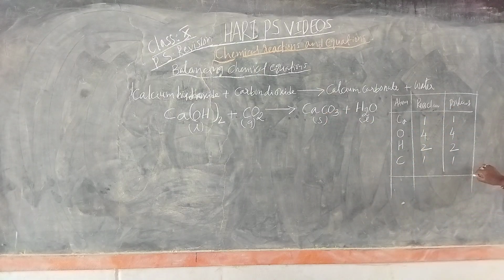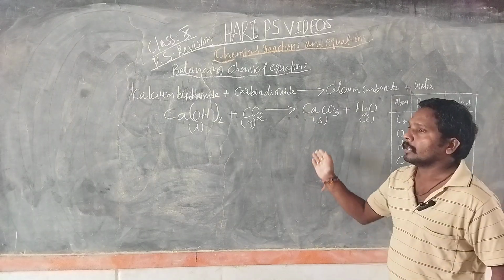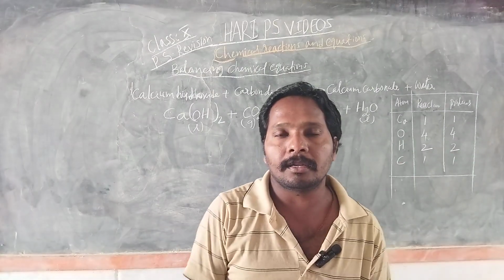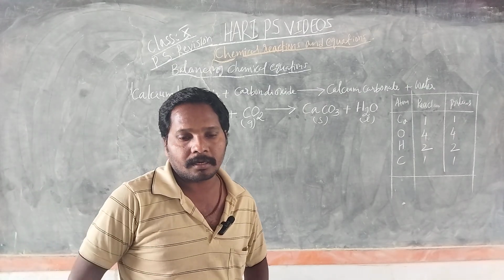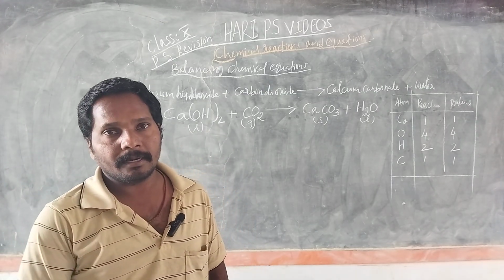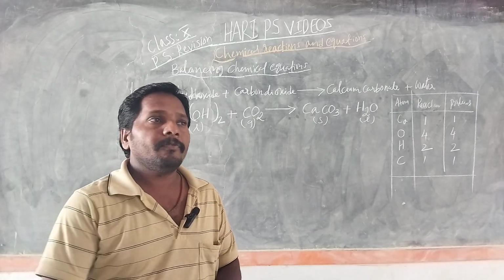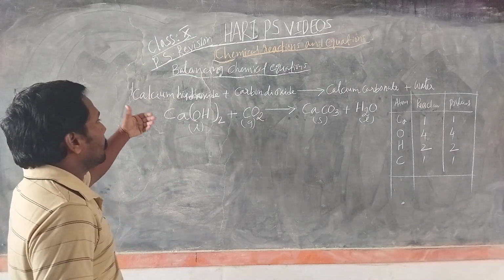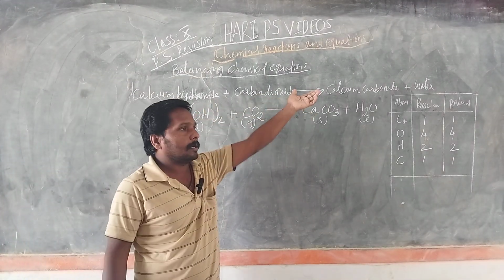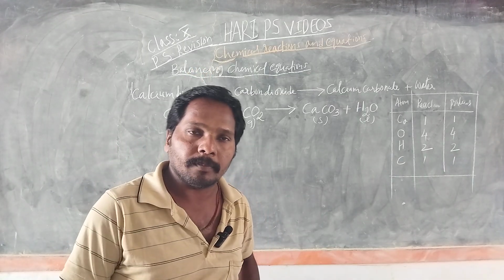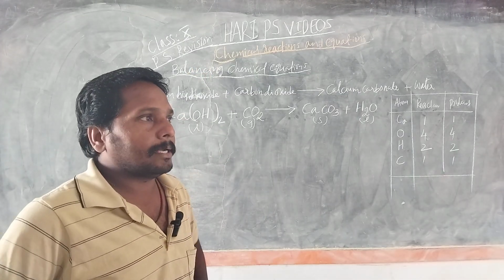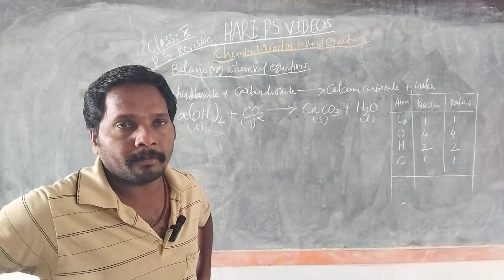So this is already a balanced chemical equation because there are equal numbers of atoms on the reactant side and product side. If it is possible, multiply the atoms with the smallest whole number while balancing.